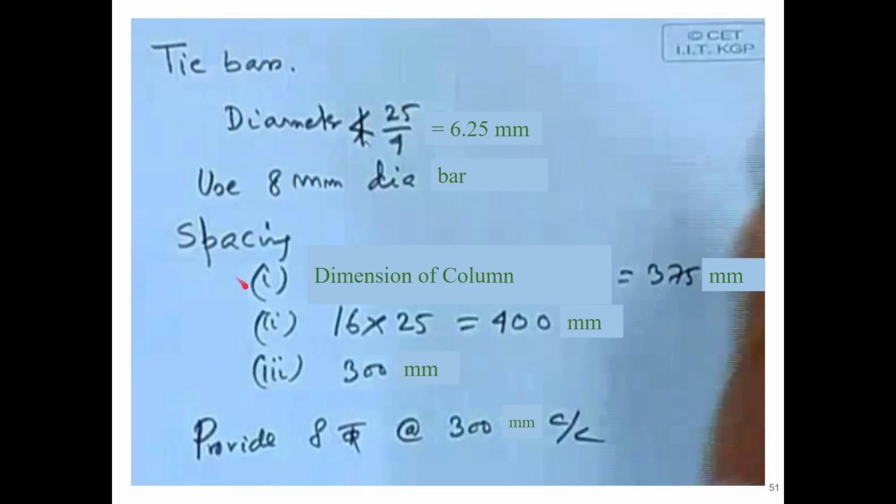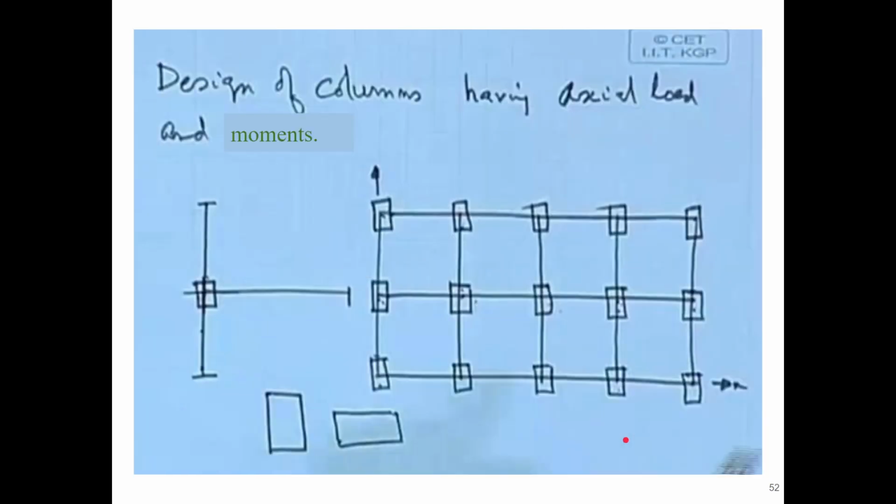Spacing will be the minimum of the dimension of column, which is 375, 16 times the diameter of longitudinal rebar, which is 16 into 25, that is 400, and 300. The minimum of 375, 400 and 300 is 300 only. So let us provide 8 dia lateral ties at 300 millimeter center to center.